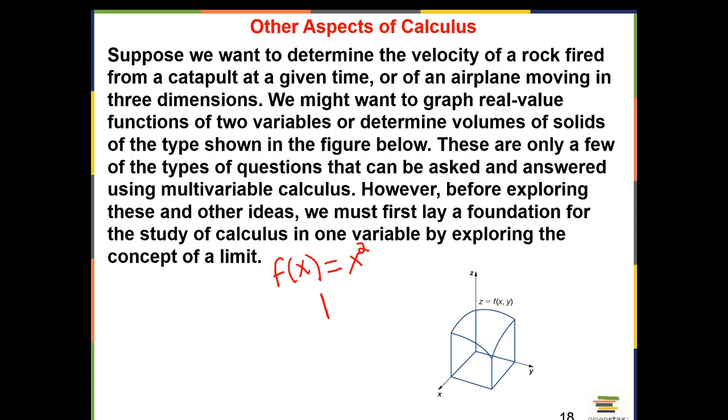That means we have the input, which is x, and we have the output, which is f of x, right? But in the real world, of course, the functions are not like that. We can have a function that has not one input, but maybe three inputs, x, y, and z. And then we have one output, which is f of x, y, and z, right? So this kind of function is a multi-variable function, with one output and three inputs.